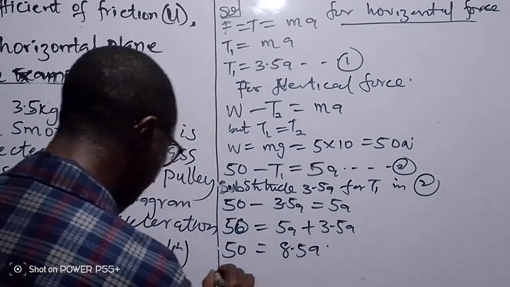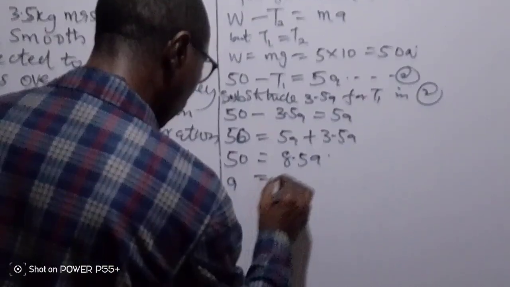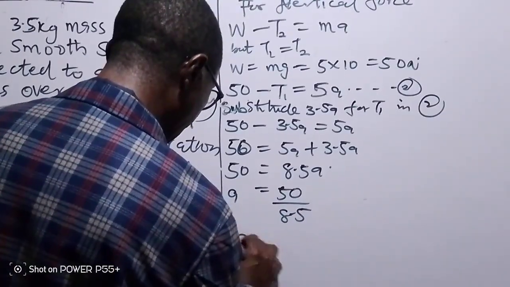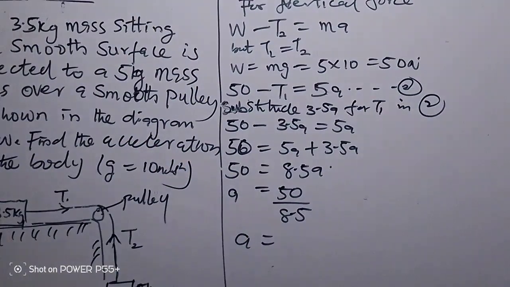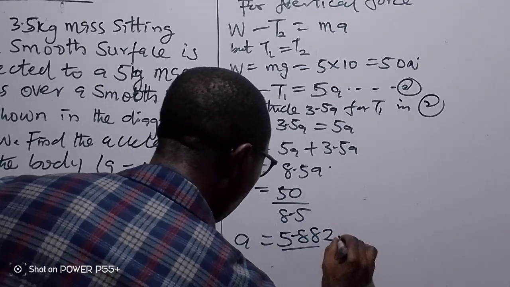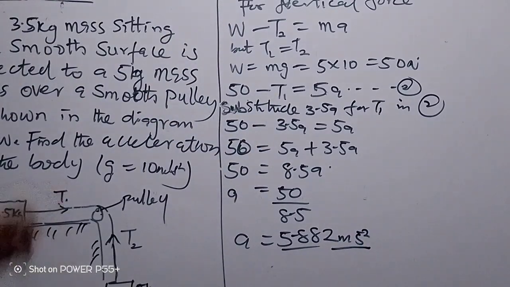Then A, that is the acceleration of the body, will be equal to 50 divided by 8.5. And A will be equal to 5.882 meters per second squared. That's the value of the acceleration of the body.